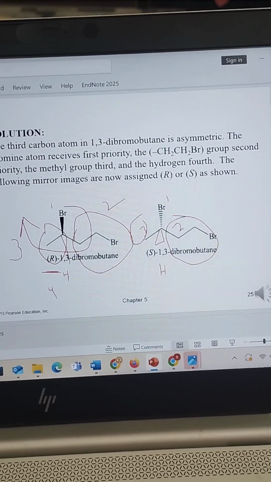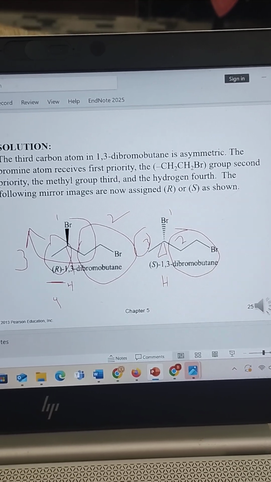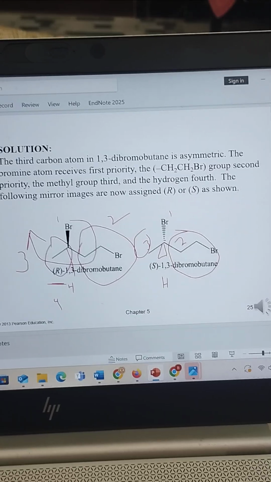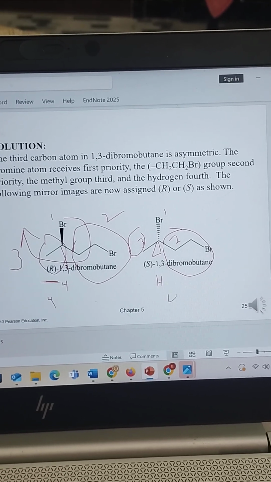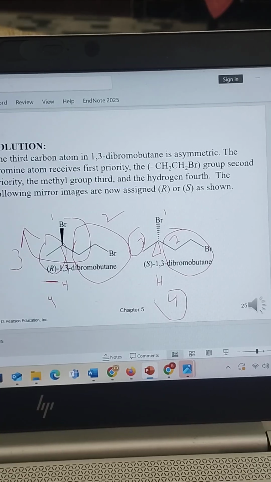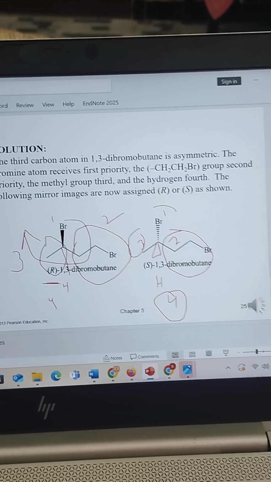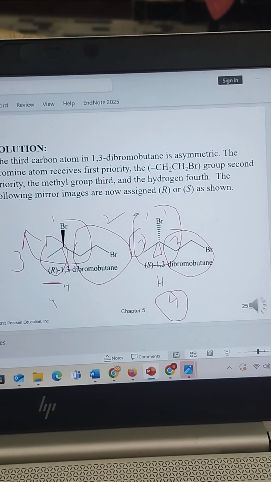So we learn a hint about it, that the lowest priority group would not be on the wedge. If it is on the wedge, like the wedge is considered the highest priority, just simply assign the numberings according to the atomic numbers, and then draw the arrow like 1, 2 and 4 and 3.